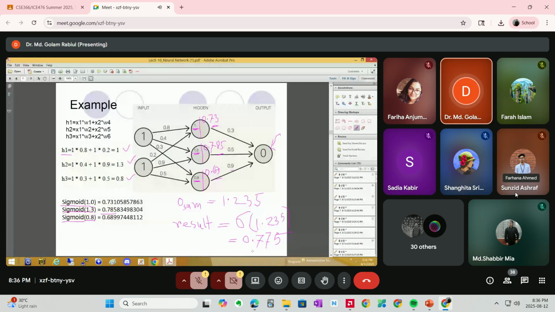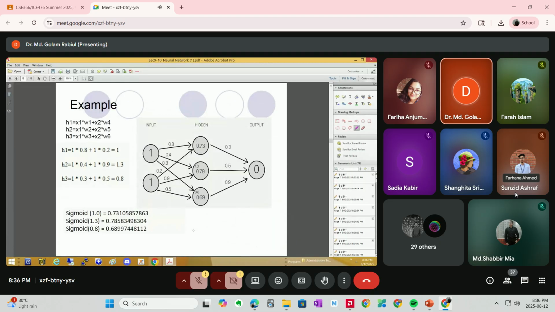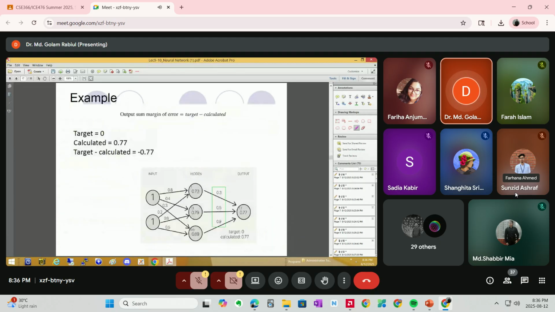That's why we have the error, and we will calculate it. The error will be target minus calculated, so 0 minus 0.77, which is negative 0.77.